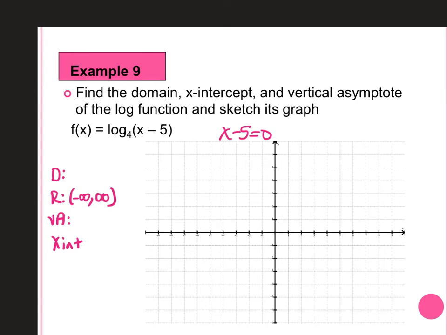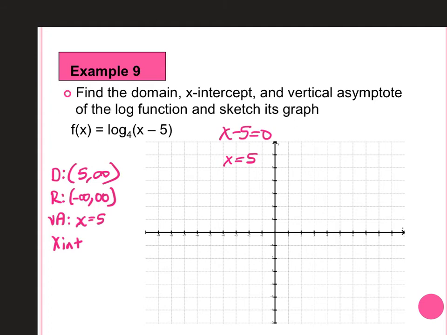So when I say x minus 5 equals 0, I know that my asymptote is at x equals 5. So I write vertical asymptote at x equals 5. That directly correlates with my domain. My domain is going to be from where to infinity? From 5 to infinity. Is it going to include 5? No, because that's our asymptote.